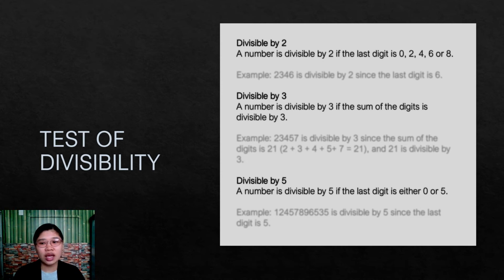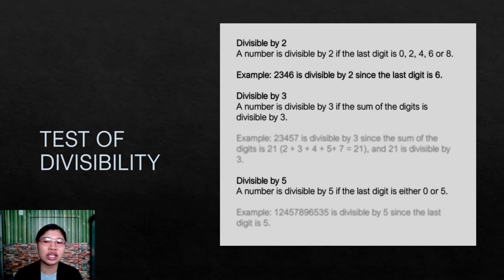Meaning, it is divisible by 2 if the last digit is an even number. As an example, 2,346 is divisible by 2 since the last digit is 6. So in general, 2,346 is an even number also. That's why it is divisible by 2.